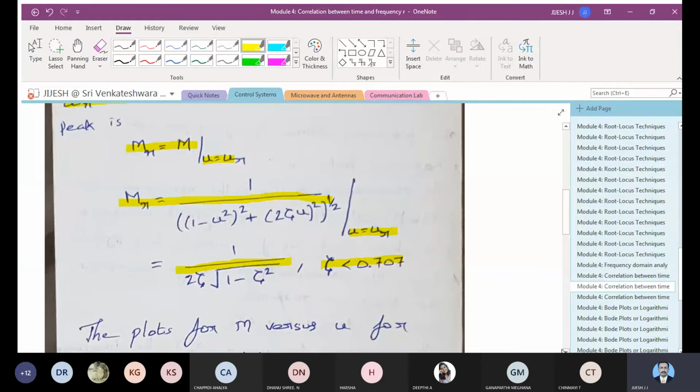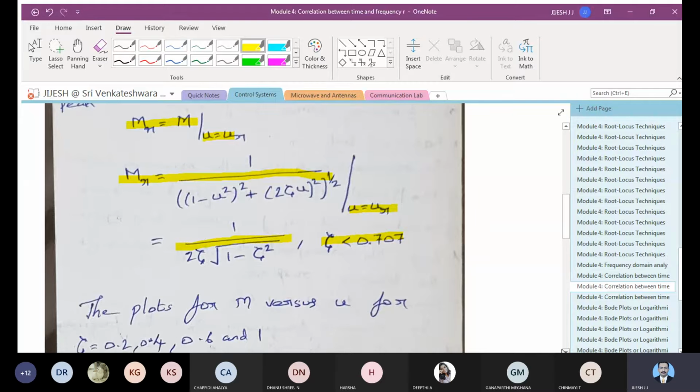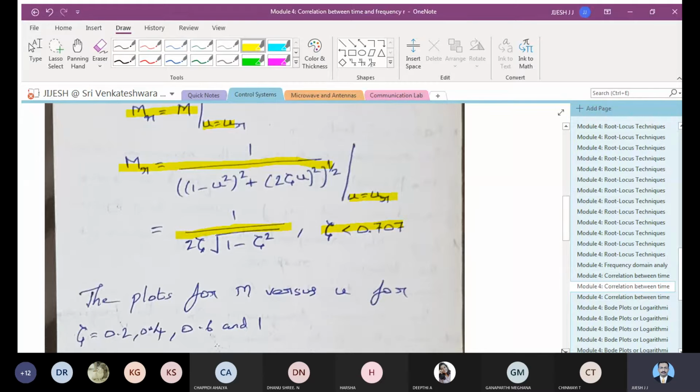So here we are discussing the frequency domain analysis, and we got the value of Mr in terms of zeta, that is 1 divided by 2 zeta root of 1 minus zeta square, as well as we found omega r also.